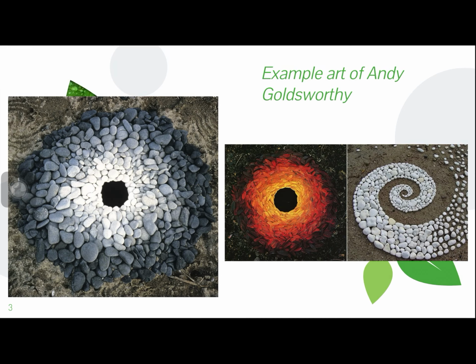Here are a couple examples, and you might have seen similar ones in the video, but he uses all natural materials, things like rocks, leaves, branches, everything like that. What I want you to notice about these is he uses patterns.